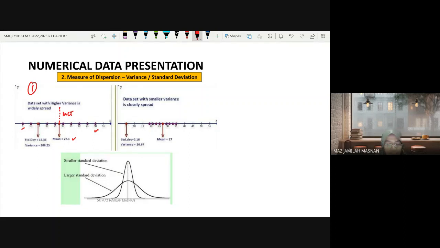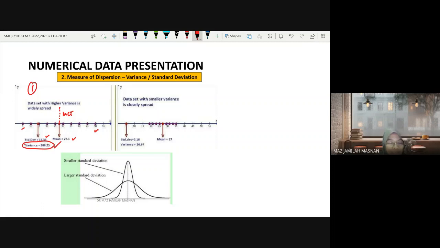When you calculate your variance, it will be 206.25. This is the first value that describes the dispersion of your data. It means the deviation from each data point to the center value, which is the mean, is equal to 206.25. Now, what is the most important? The most important thing is your standard deviation, the square root of the variance.